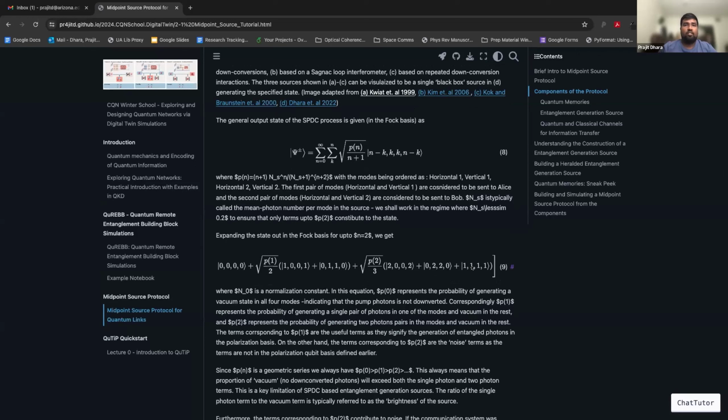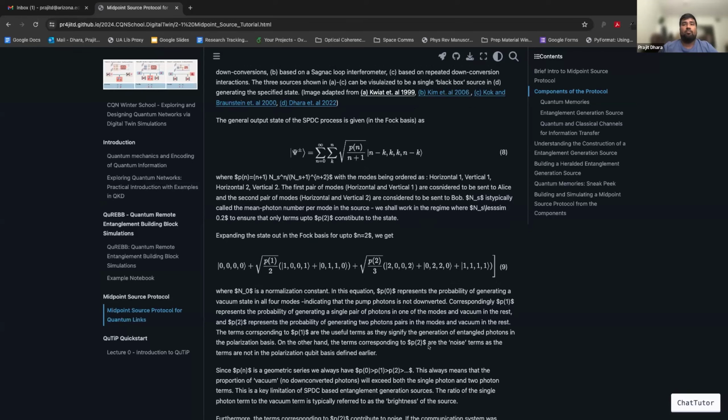And the moment one of these photons is lost, the end users will think, oh, this is probably a qubit, let me declare it as a success, whereas the photon was lost and you don't really have coherence. So you end up with a state which you think is entangled, but in reality doesn't carry any entanglement in it.